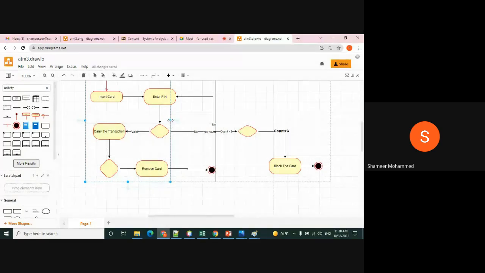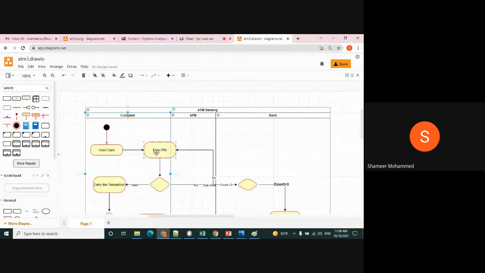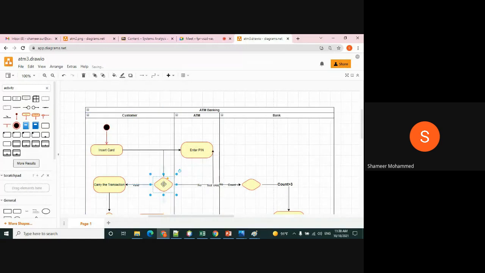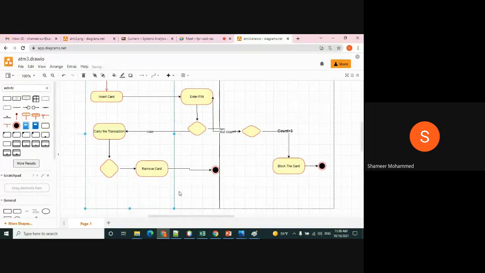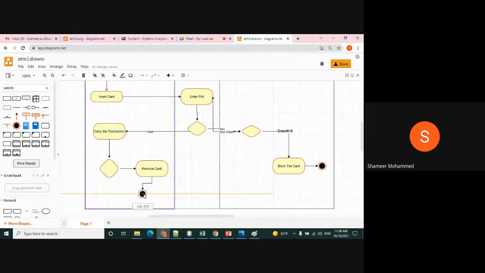So take care, you can adjust these things. Properly you do. Okay, adjust them properly. Then you can put it here itself.